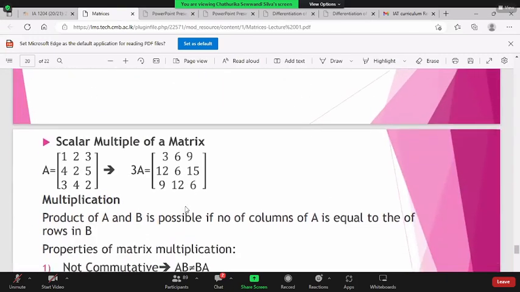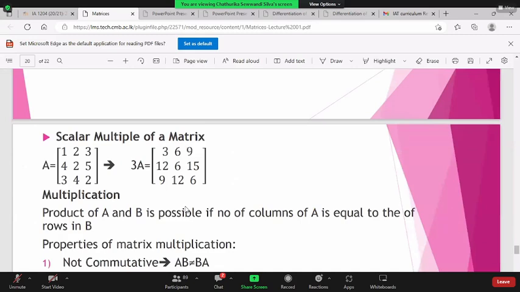Subtraction is also the same scenario. Scalar multiple of a matrix. Under the scalar multiple, you multiply a given matrix by a scalar. There are two types of multiplication under matrices: scalar multiplication, and multiplication between matrices. Here I'm talking about the scalar multiple.